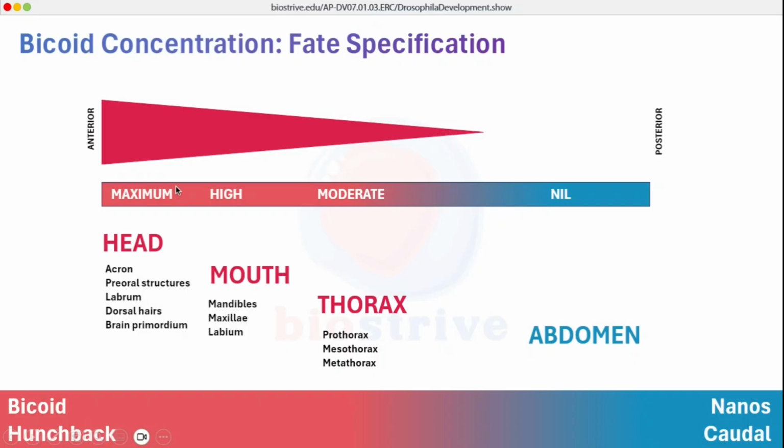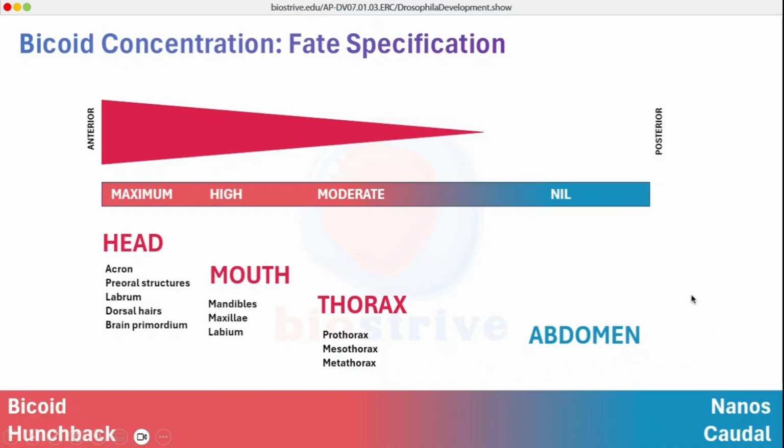Now, with a slightly lower but still high concentration of bicoid, we get mouth parts like mandibles, maxillae, labium, and a slightly moderate or slightly lesser concentration of bicoid will give thorax like prothorax. Slightly less concentration will give us mesothorax, and slightly lesser concentration will give us metathorax.